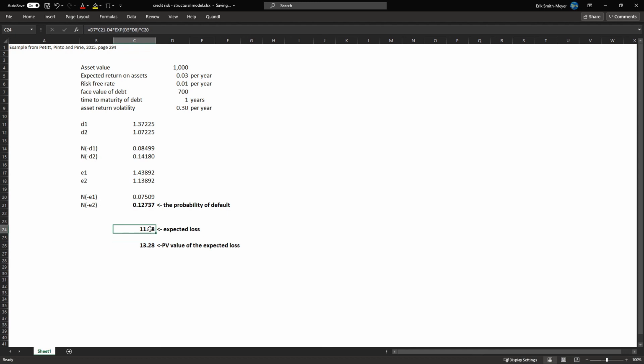These two numbers generally differ because the present value of the expected loss contains both a risk premium and the time value of money. Whichever is bigger, you can see here. Here the risk premium is greater than the time value of money.